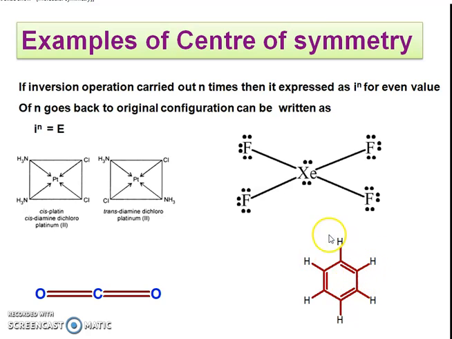So we can draw the lines from each hydrogen to hydrogen, or carbon to carbon, and the center will be reached. For example, we can draw a line that bisects the molecule into this side and this side, which are mirror images of each other, and therefore the center of inversion is present, and the molecule has a center of symmetry. Okay, thank you.